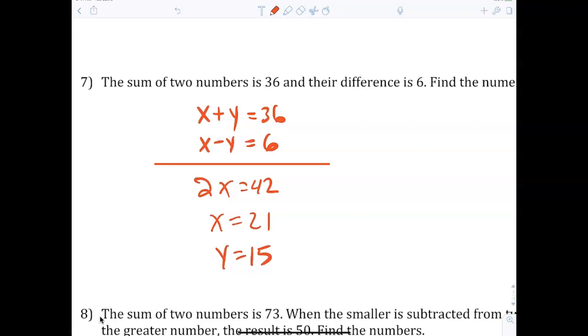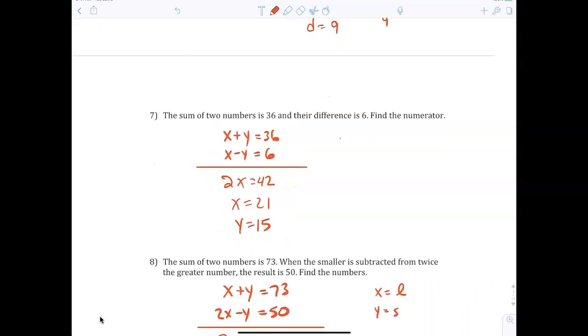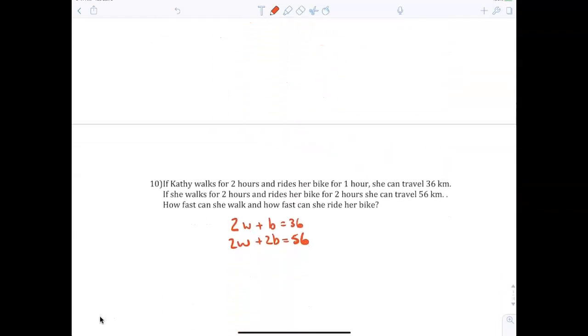Well, what? Oh, yeah, that's a typo, guys. That's find the numbers. Right? Find the numbers. Yeah, thank you for that. I didn't pay attention. Find the numbers. All right, let's move on.